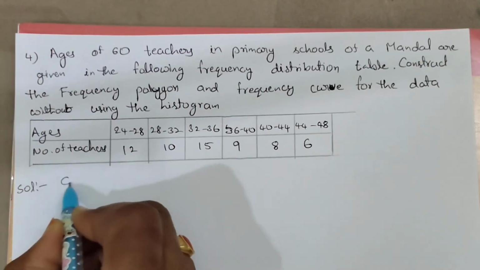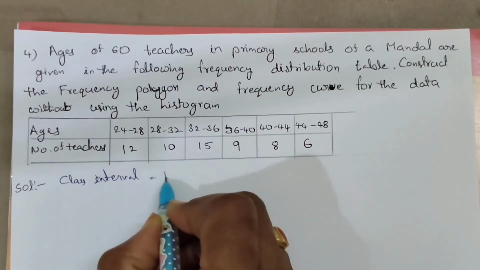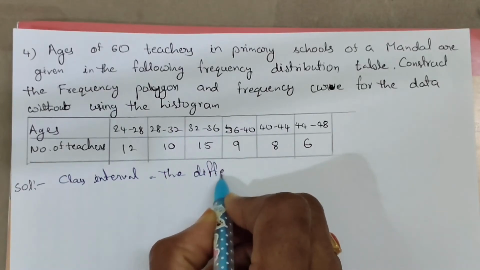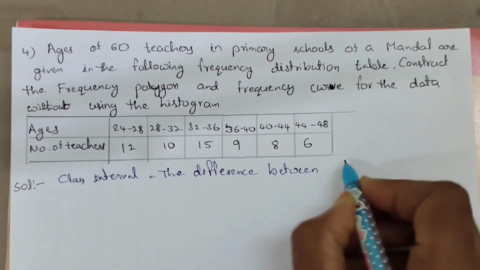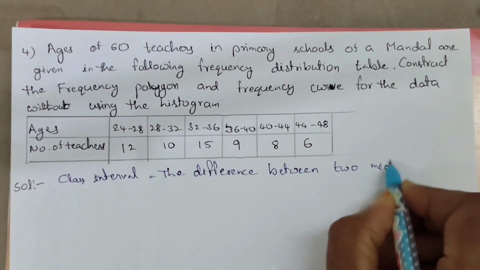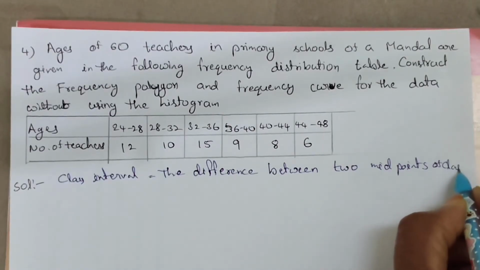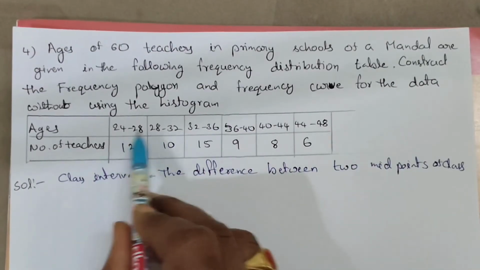Now we find the class interval. The class interval is the difference between two midpoints of classes. The first midpoint is 26, and the next is 30.